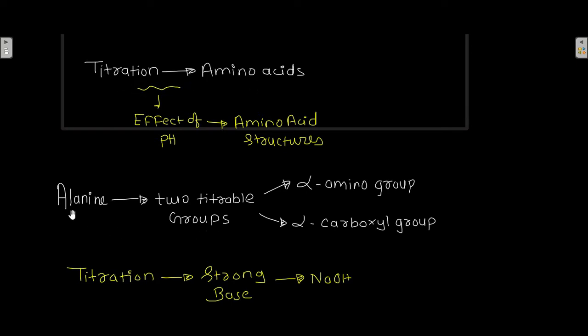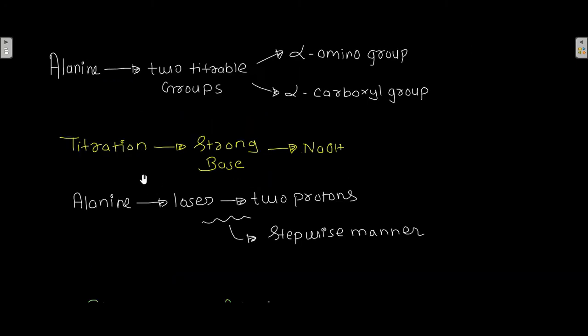Now consider alanine, which is a simple amino acid. Alanine has two titrable groups, that is the alpha amino group and the alpha carboxyl group. Now while doing titration of this alanine with a strong base such as NaOH, alanine loses its two protons in a stepwise manner.